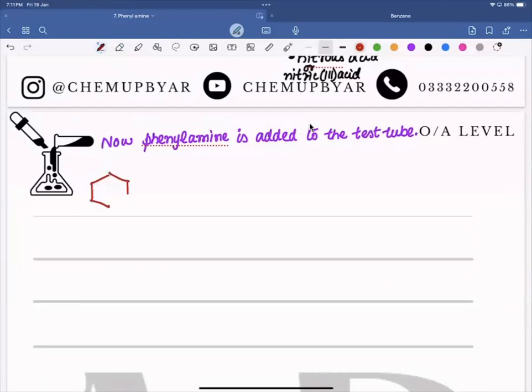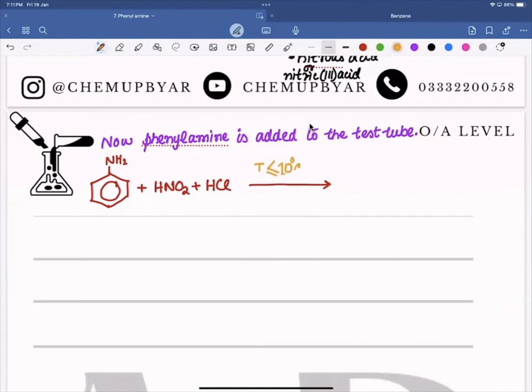If you recall, if we heat it with water, nitrogen gas is released from the diazonium salt and it turns into phenol. But here we are not going to heat it, because we are not preparing phenol, we are preparing a dye. For this reaction we need a temperature equal to or lower than 10 degrees Celsius, and for that we use an ice bath.